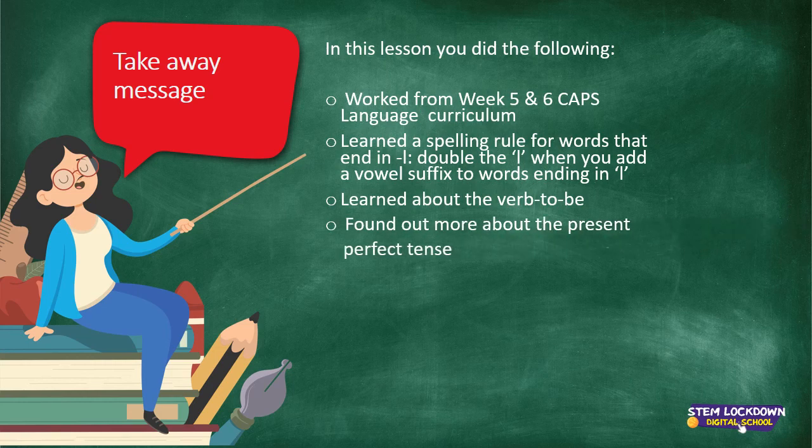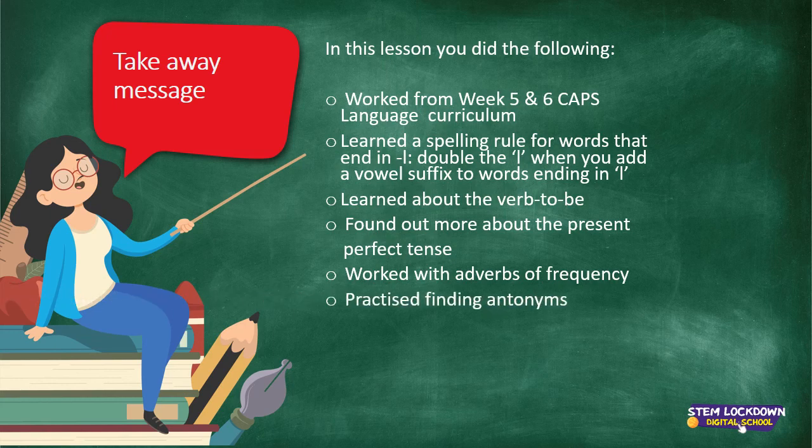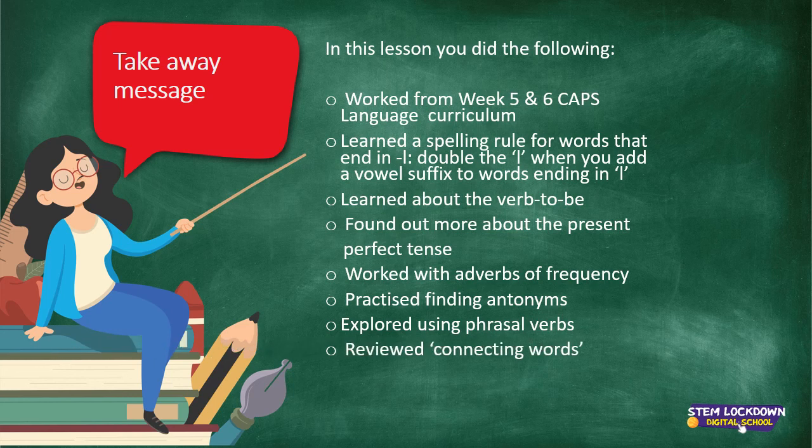You found out more about the present perfect tense. You worked with adverbs of frequency. You practiced finding antonyms. You explored using phrasal verbs. You reviewed connecting words from last time. You did a lot of language work today. Well done, everybody.